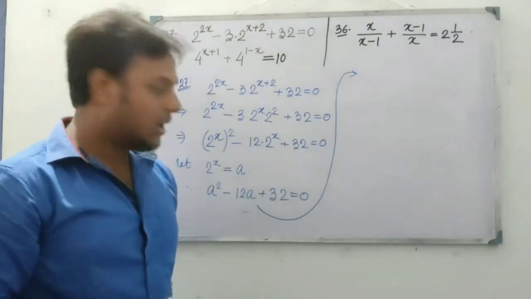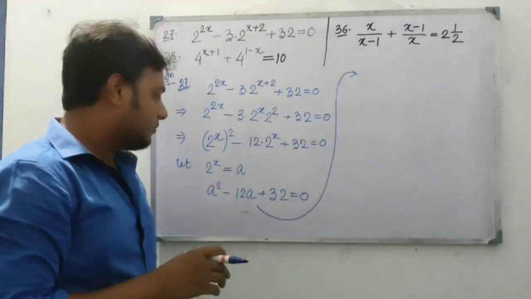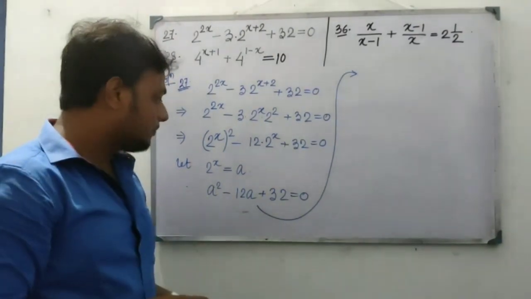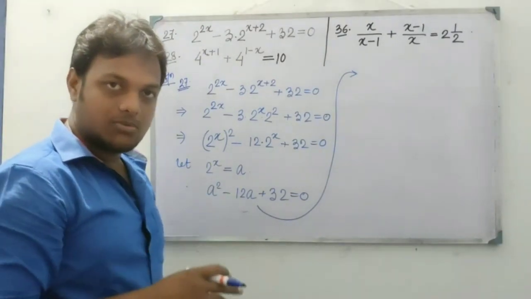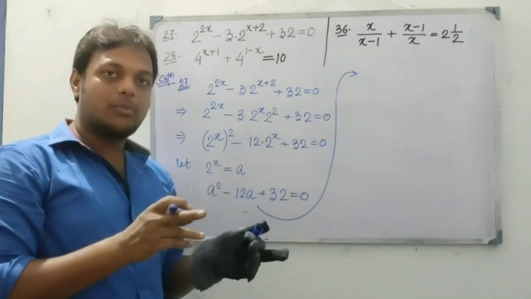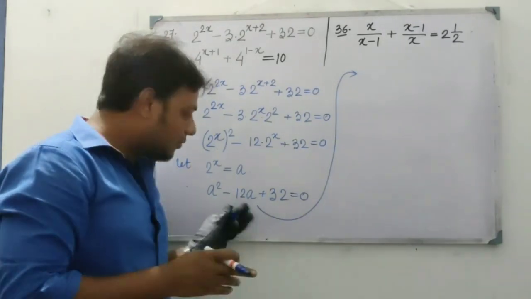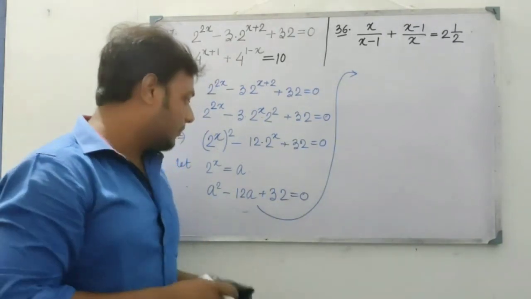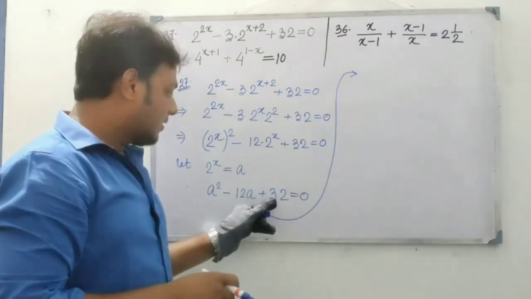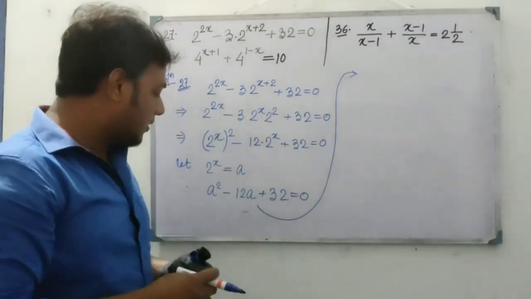So 32 can be written as 16 into 2. If you add 16 and 2, will you get 12? Is it possible? No.